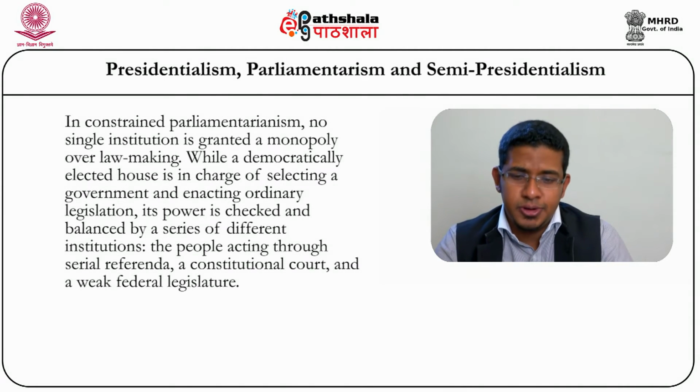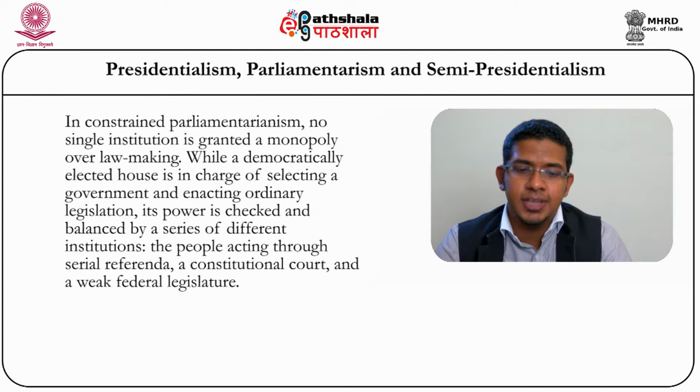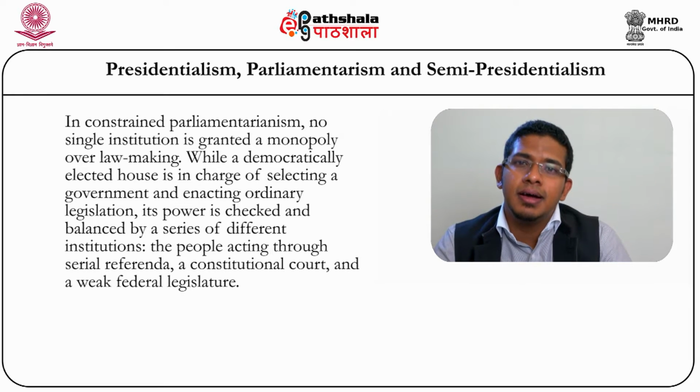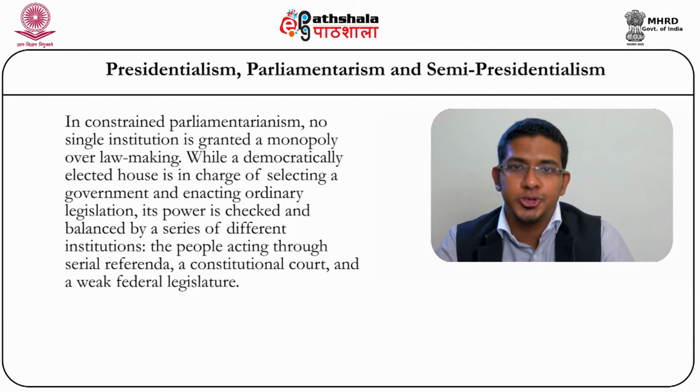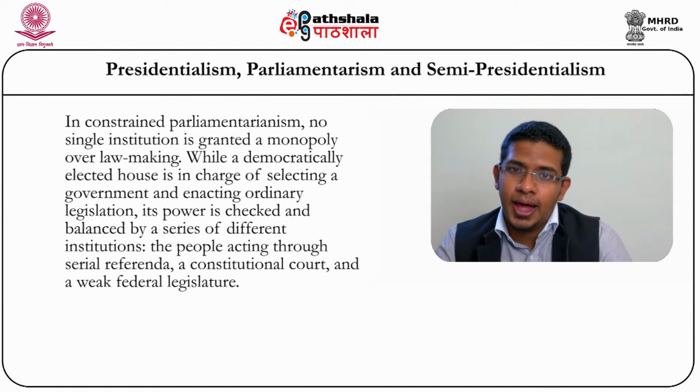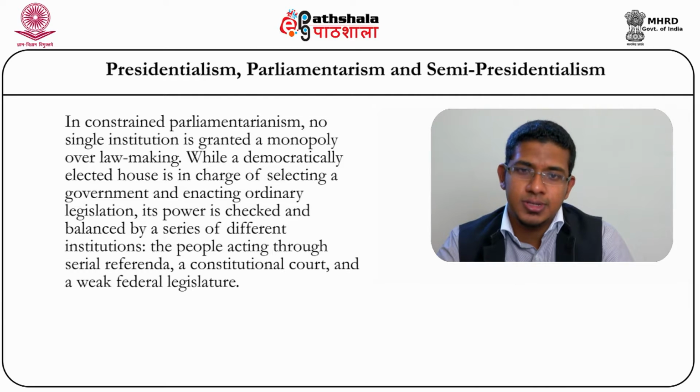In constrained parliamentarism, no single institution is granted monopoly over lawmaking. While a democratically elected house is in charge of the government, the power of the legislature is actually constrained by other institutions, largely the Constitutional Court. So that is why Ackerman promotes a semi-presidential system.